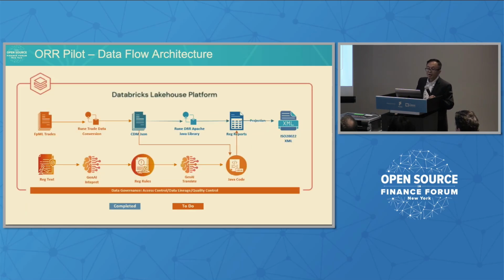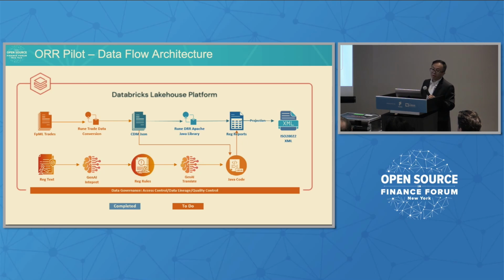All right, and coming to these slides, it gives you a more visual way to help us understand this end-to-end data flow architecture. You can see the items in blue, which are already completed as part of phase 1, as I mentioned earlier, and the rest will be tackled in phase 2. There are two separate streams in this data flow architecture.